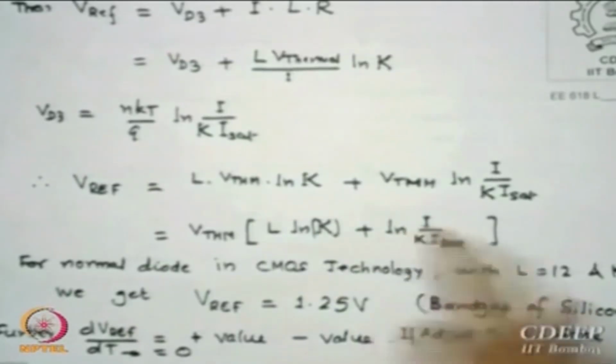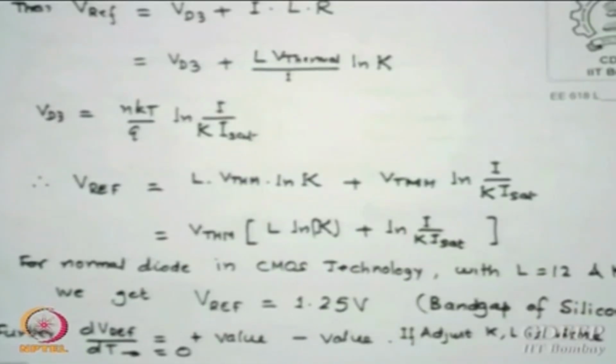Okay. I is typically of the order of 10 to 20 microamps. Saturation current is typically from tens of picoamps to hundreds of picoamps, or 0.1 nanoamps. K is typically around 4 to 8, L is typically between 12 to 16, okay.